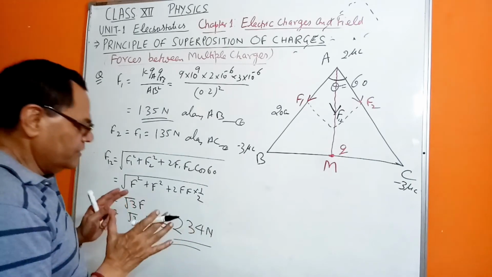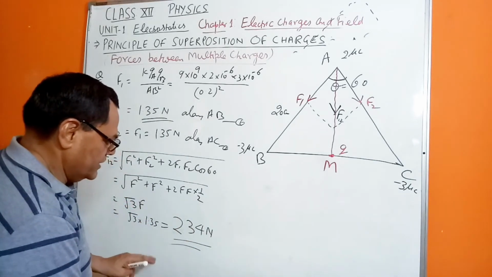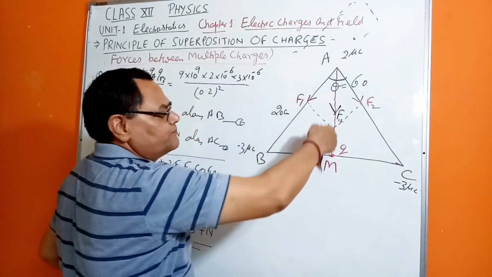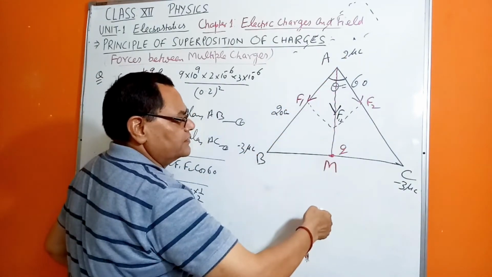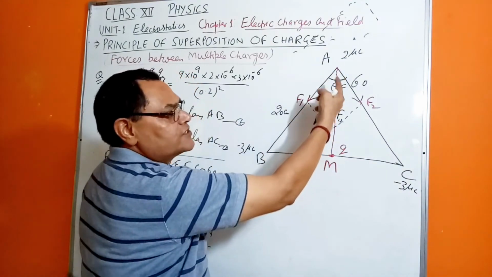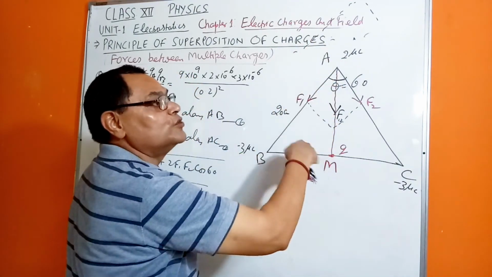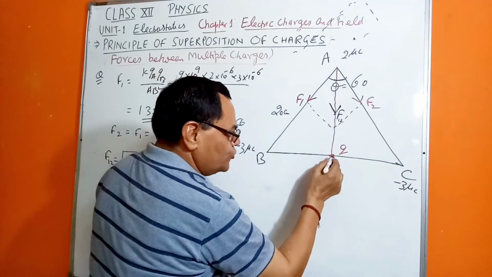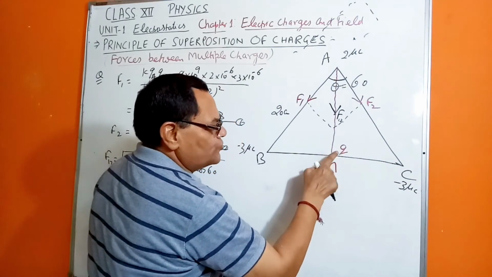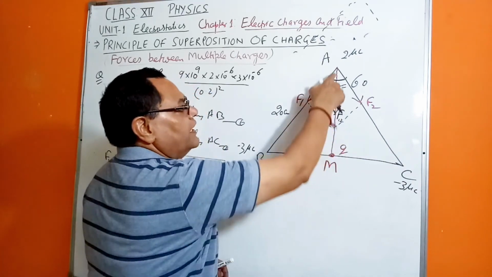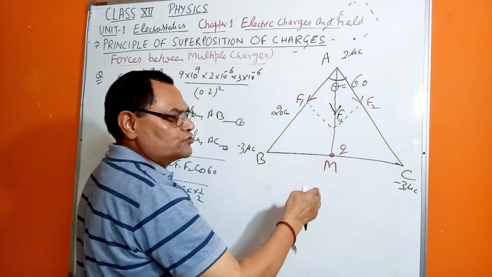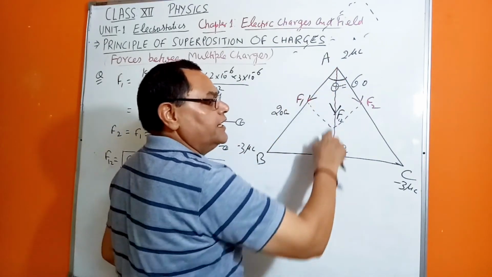Alright. So the major question was: the total force is this, and in which direction? It is pointing downward. So to make it in equilibrium, that is to make this force zero or to nullify it, there should be some charge here such that the force between this small q charge and the charge at A should be equal and opposite.